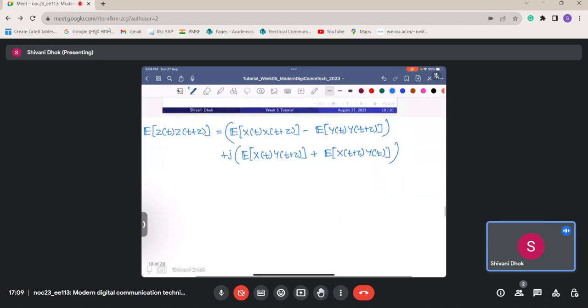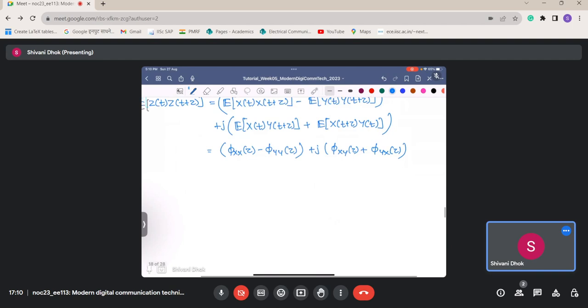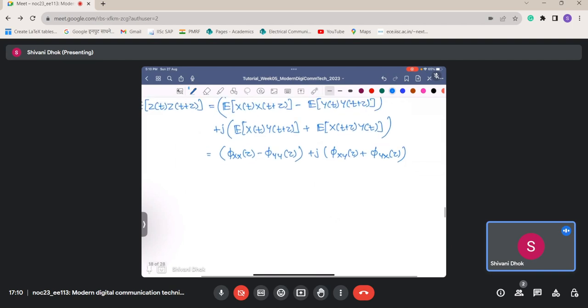Okay, so this is simply phi xx of tau minus phi yy of tau plus j times (phi xy of tau plus phi yx of tau). Now since it is WSS, phi xx of tau is equal to phi yy of tau, which means that this is equal to 0.